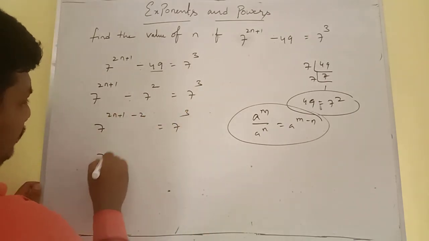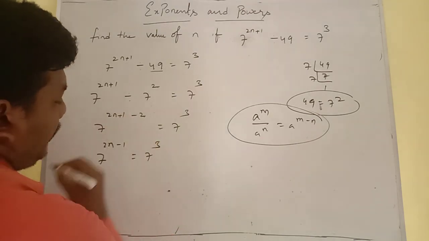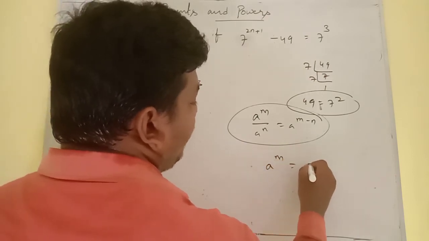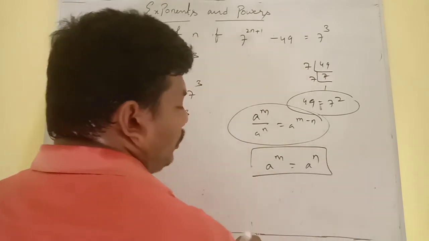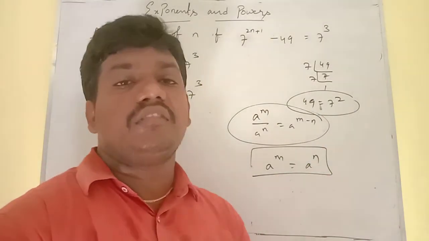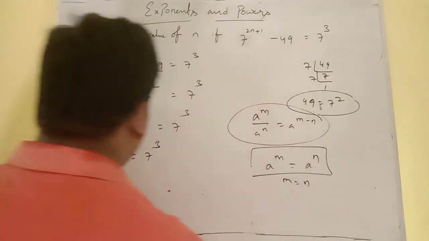Now this is 7 power 2n plus 1 minus 2, that is 7 power 3. So now, if two exponents have the same base and are under equal conditions, definitely the exponents should also be equal.